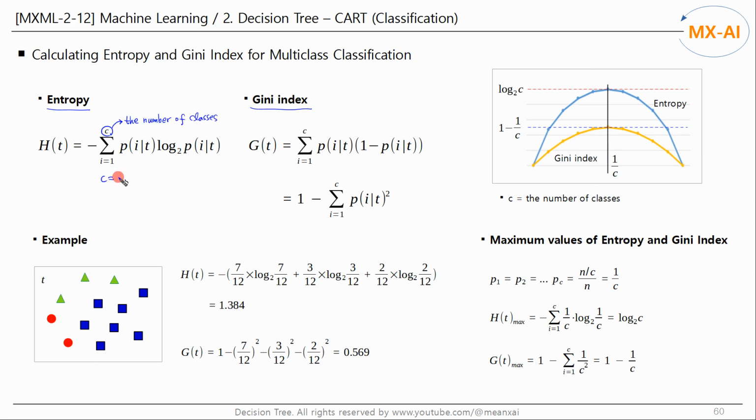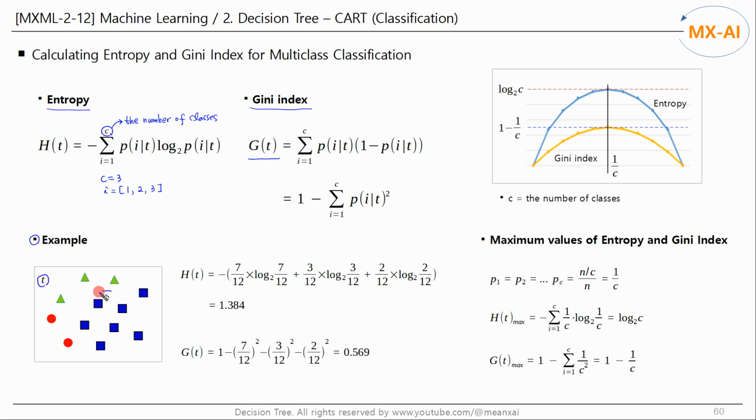For example, if there are 3 classes, then i takes the values 1, 2, and 3. With this formula, entropy is calculated in the same way as in binary classification. And the same applies to the Gini index. Let's look at an example.